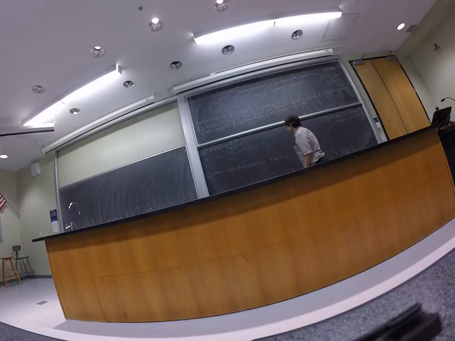That, if and only if the pole excess, and I call pole excess the number of poles minus the number of zeros.